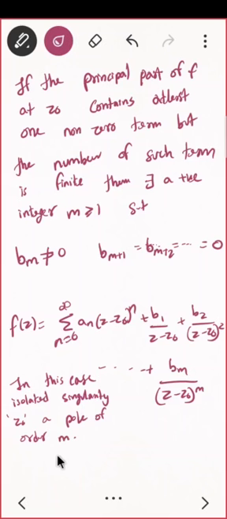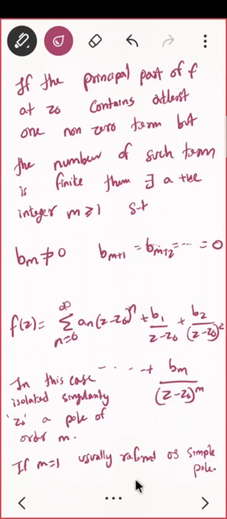If m equal to 1, then this is called a simple pole.